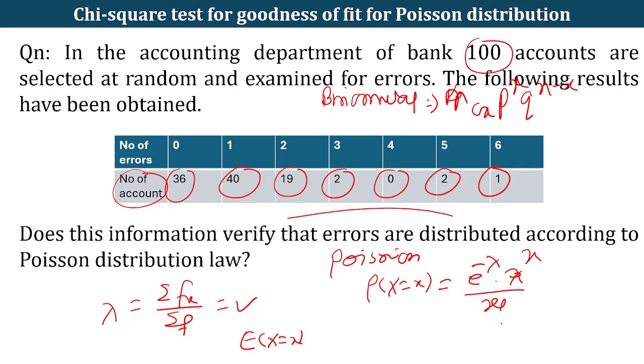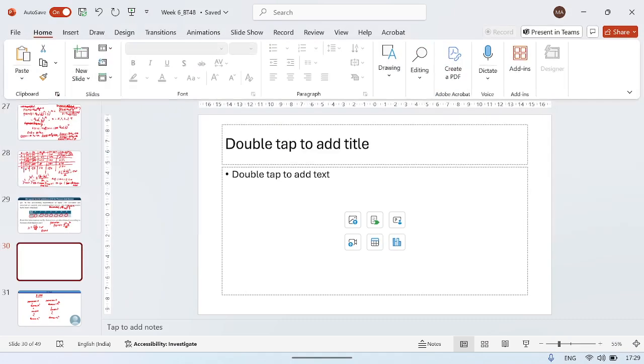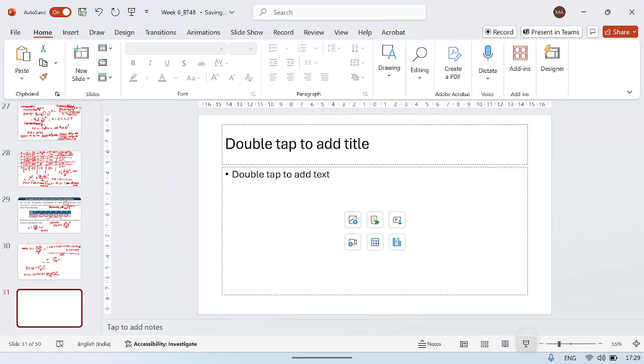Yes, sir. I'll take one more page. E of x at x equal to 0 will become how much? 100 into e to the power minus 1 into 1 to the power 0 by 0 factorial.